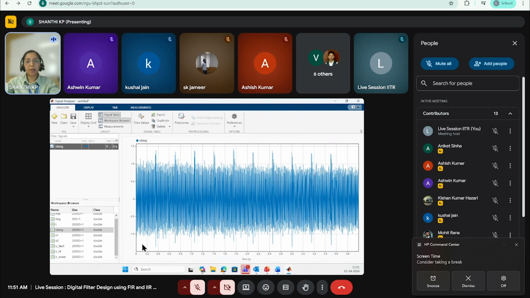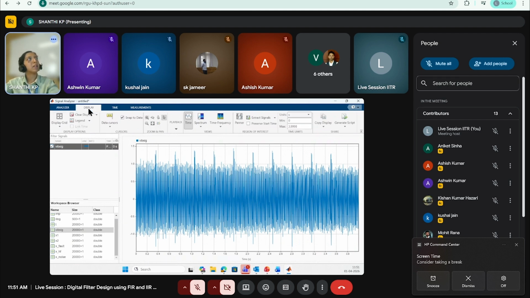Here, the spectrum helps us separate what we want to keep from what we want to remove. So in the Signal Analyzer app itself, we'll go to the Display tab, the next tab next to the Analyzer, and click on Spectrum.